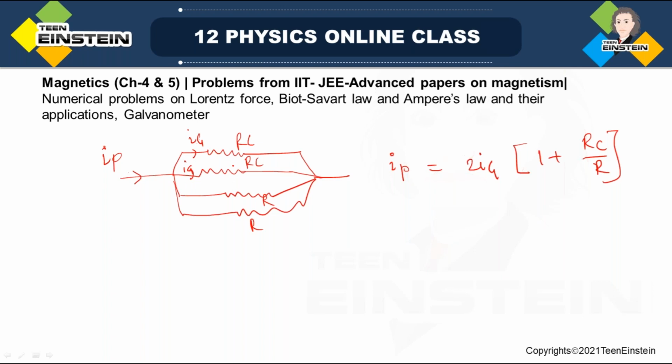And here the current will be, see, with this the current will be actually IG into RC by R, okay? RC by R.